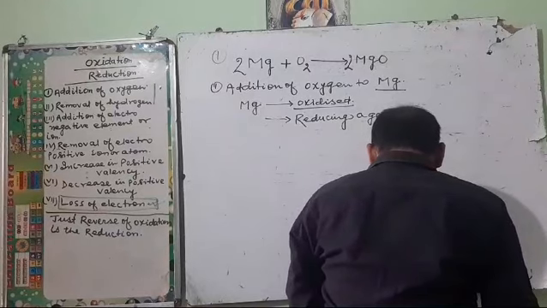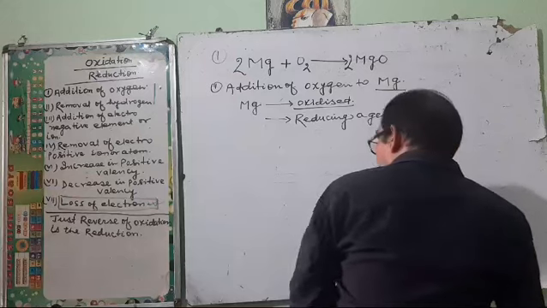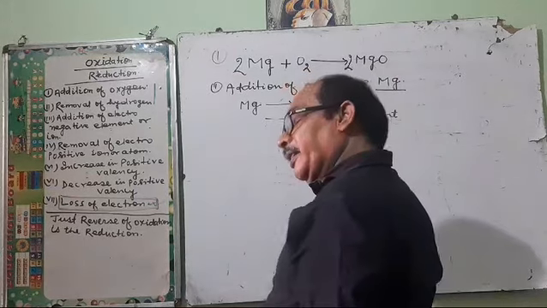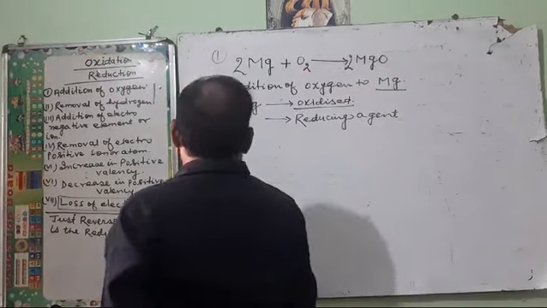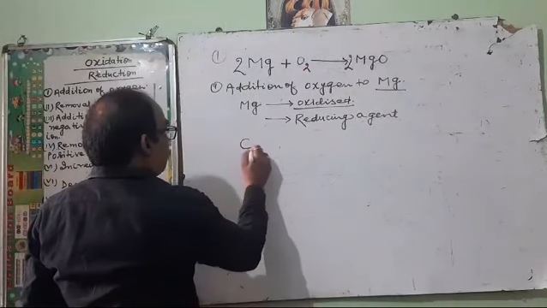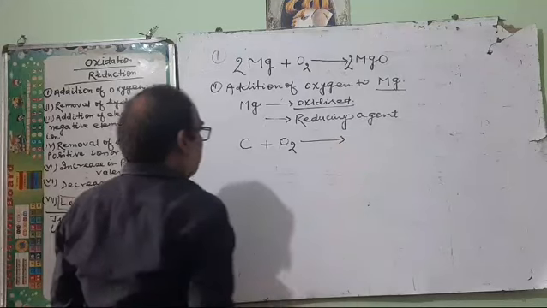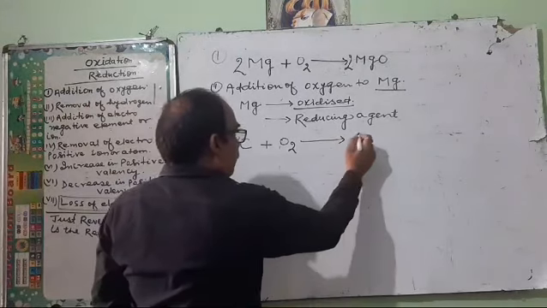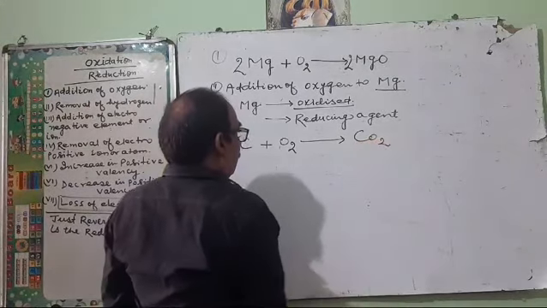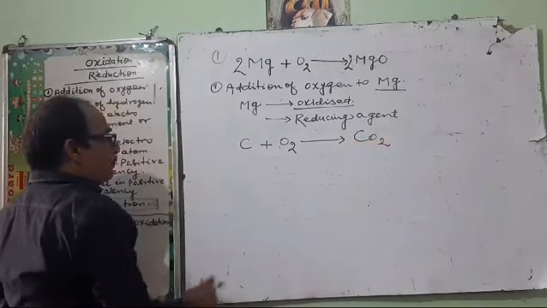So in any case, if there is addition of oxygen, suppose in case of carbon, it is adding with oxygen, then it forms carbon dioxide. Then in this case, what is happening?